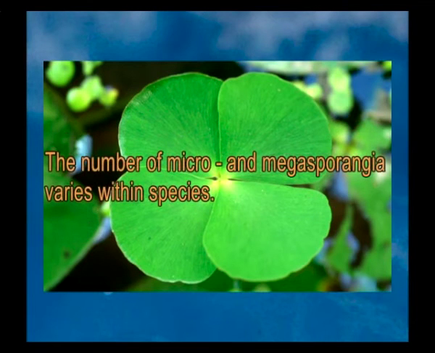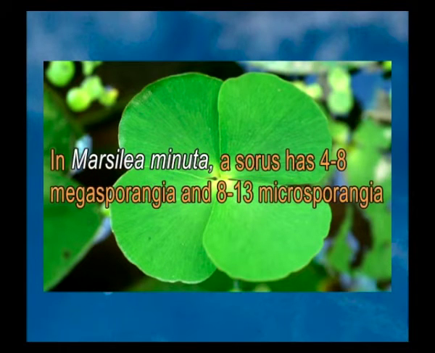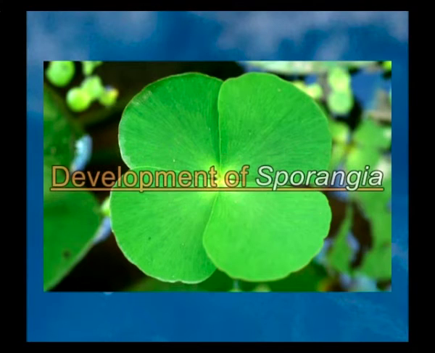The number of micro and megasporangia varies within species. In Marsilea minuta, a sorus has 4 to 8 megasporangia and 8 to 13 microsporangia. Then development of sporangia, how it develops. Since Marsilea is a heterosporous fern, microsporangia produce microspores and megasporangia produce megaspores.